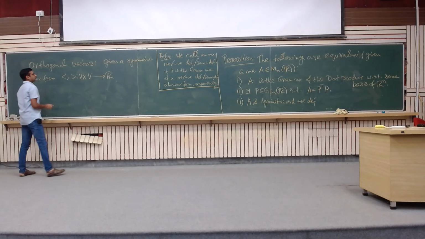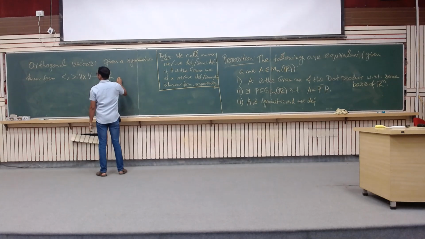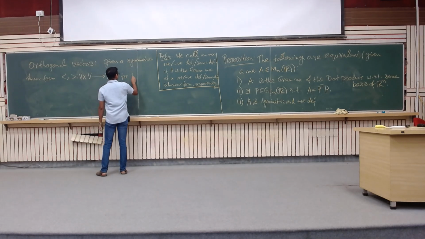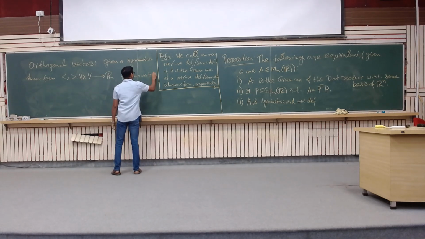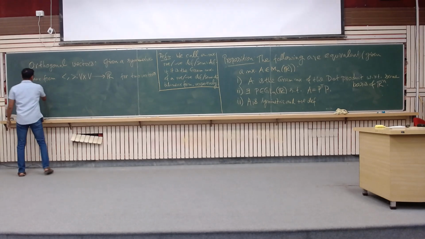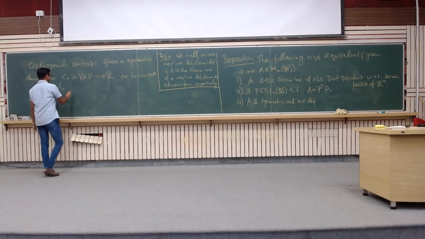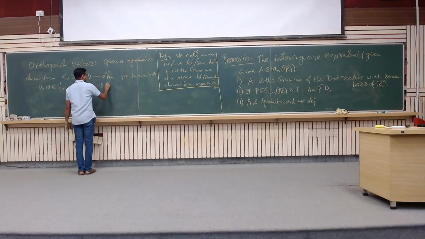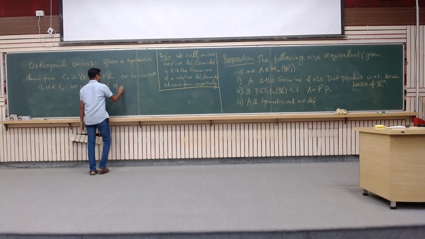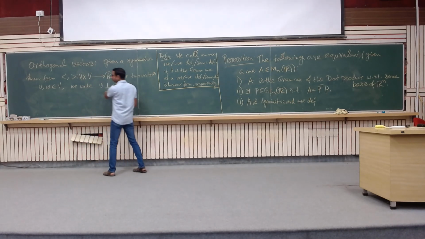So here we just take a symmetric form, and for two vectors V and W in V, we write V is perpendicular to W, and say that V is orthogonal to W.